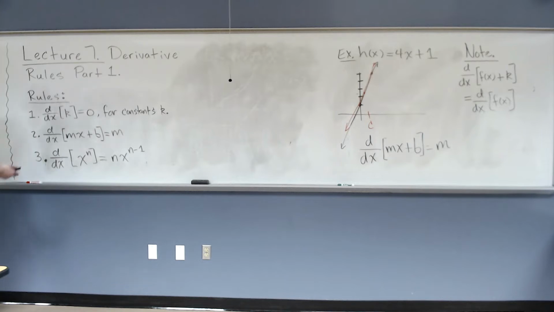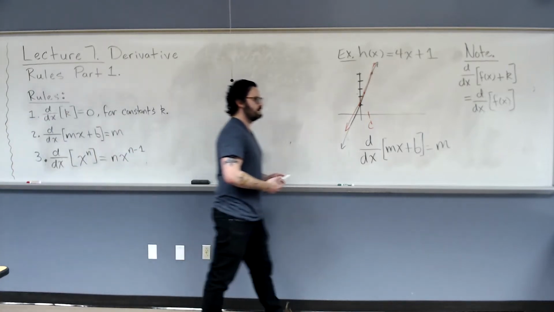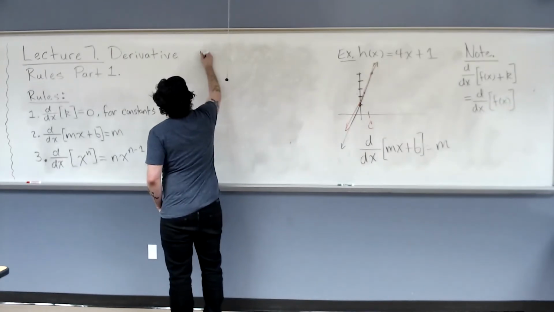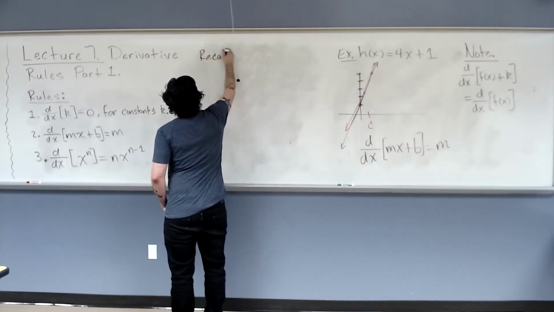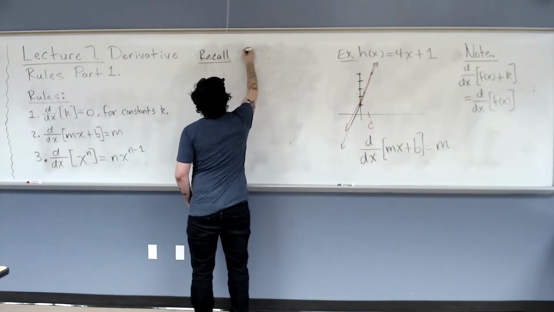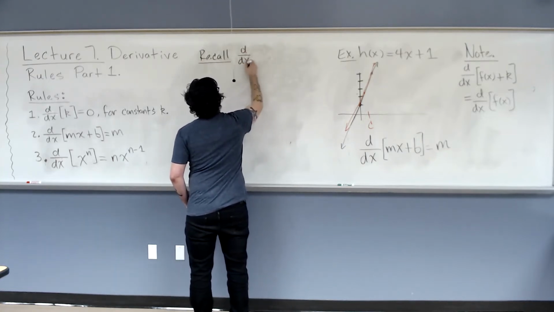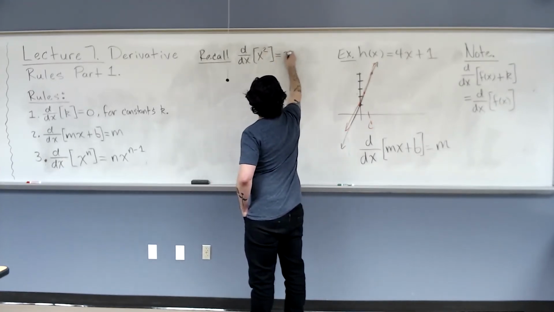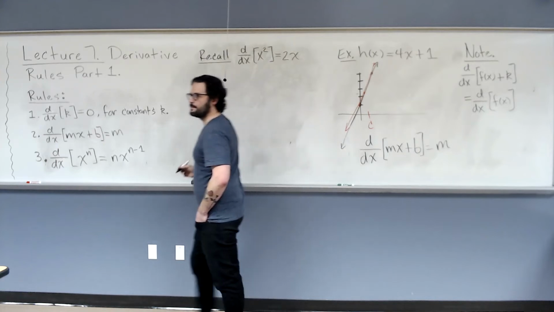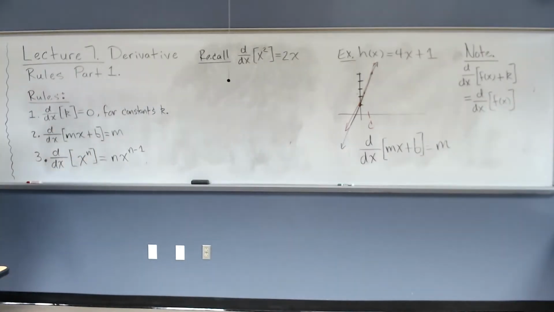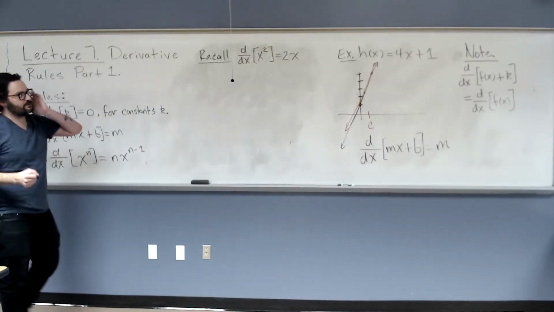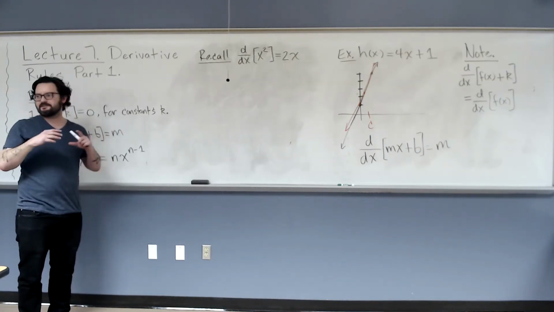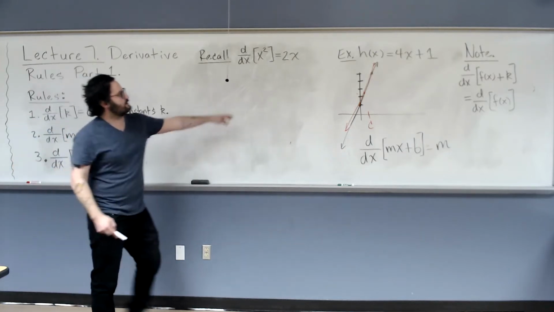So where does this come from? Well, without deriving it completely, recall that in the previous lecture, we showed that d/dx of x squared is equal to 2 times x, right? First, we calculated for a single point, but then we just kind of generalized it by replacing the 2's with an x and did all that algebra, and we concluded that, right?